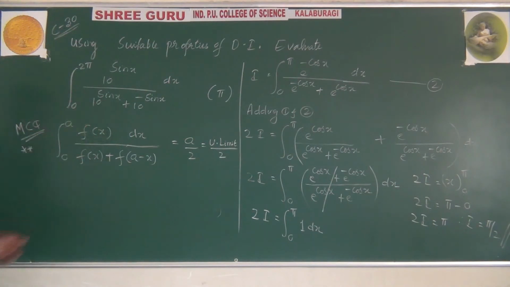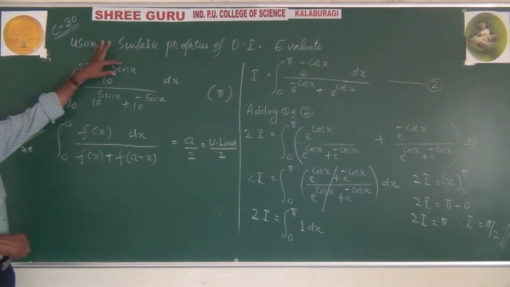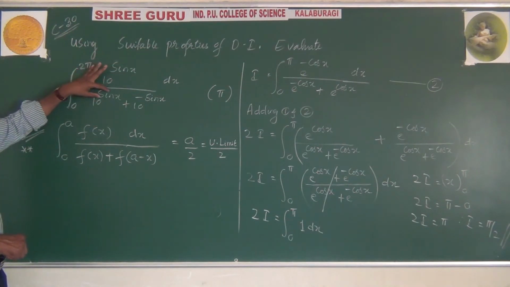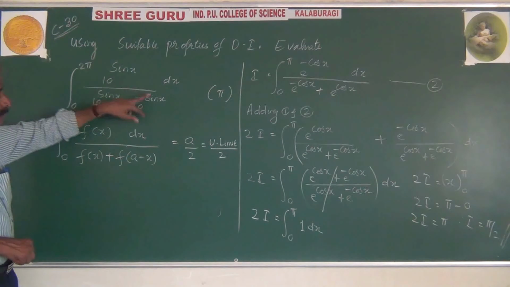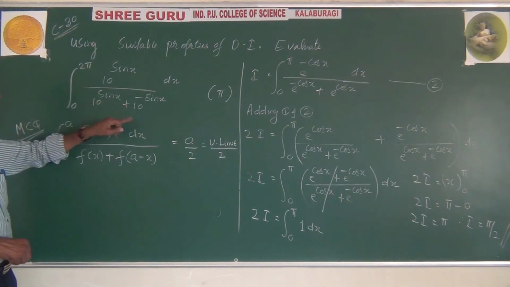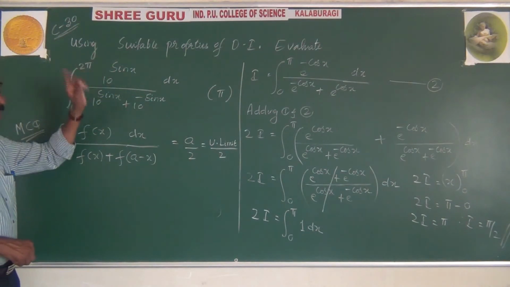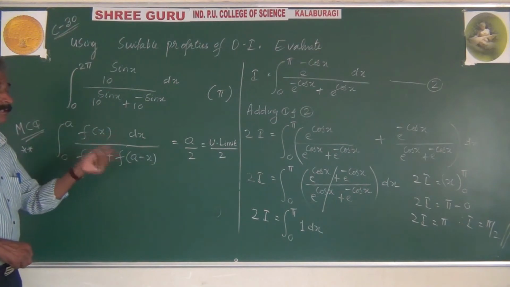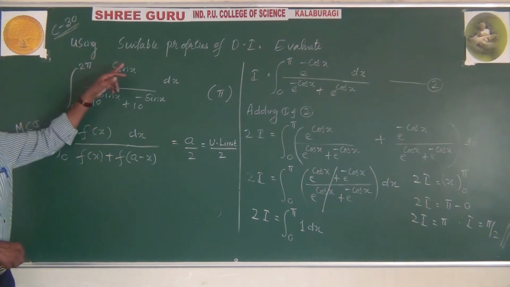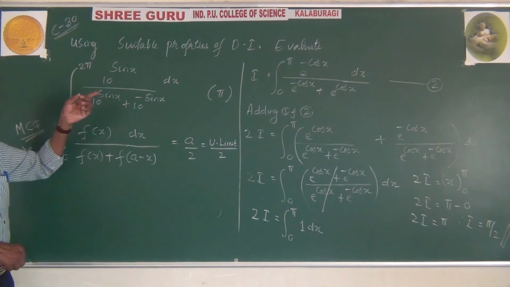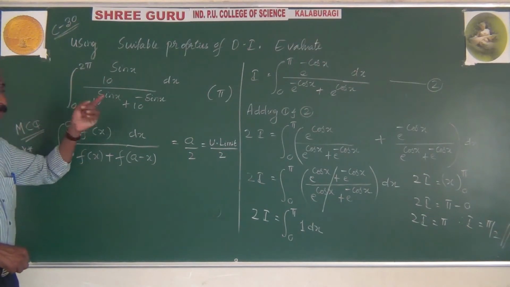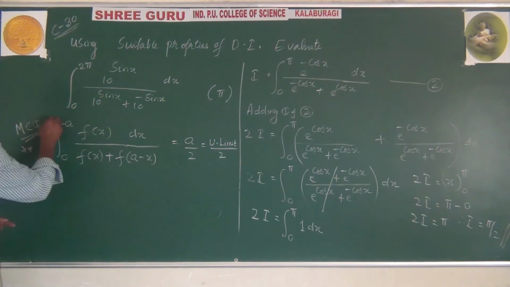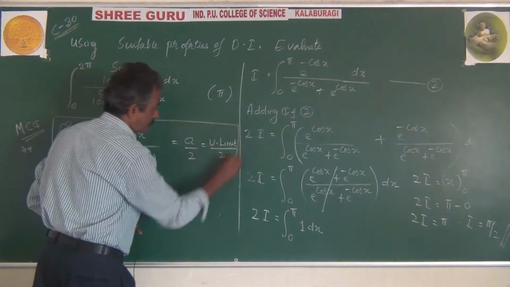The last example is the best witness for this theorem, because this is f of x, this is also f of x, but this will become f of a minus x because sin of 2 pi minus x is minus sin x. Hence answer is 2 pi minus 0, 2 pi by 2, as good as pi. So keep this result in memory.